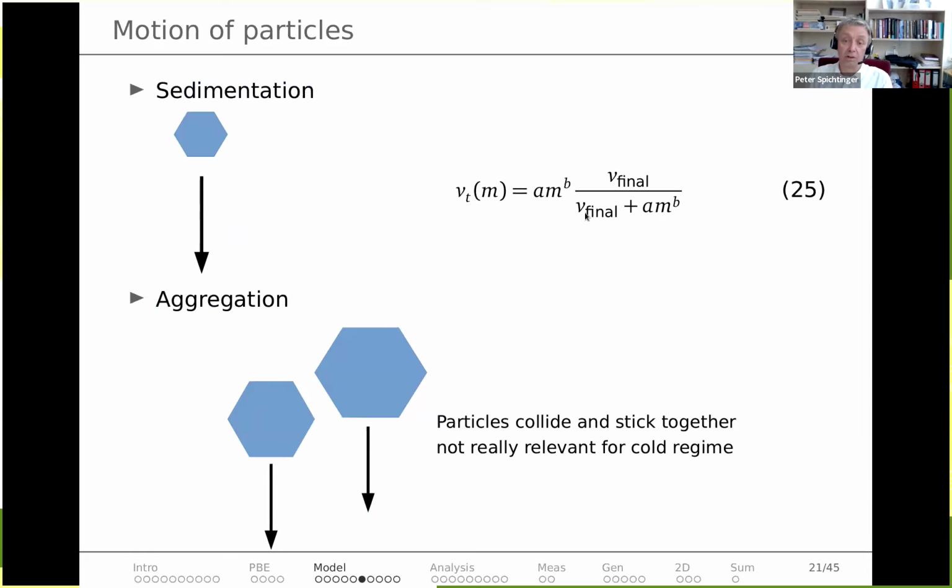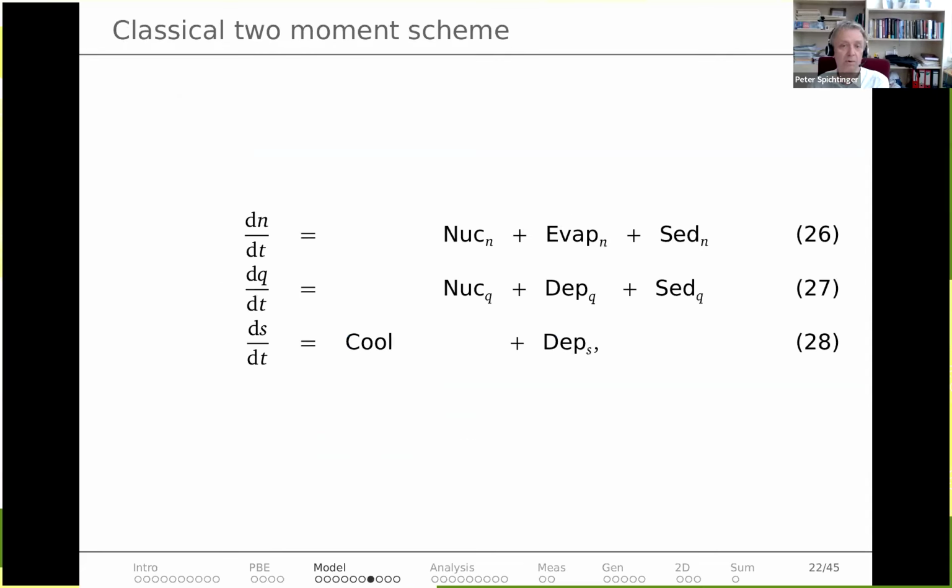For the terminal velocity, we often use a formulation that has a kind of saturation. If the particles become too large, you end up with a constant terminal velocity. We have also aggregation, but actually for this cold environment, the sticking efficiency is too small and we have too few ice crystals, so aggregation is not really an important process. So we will skip this.